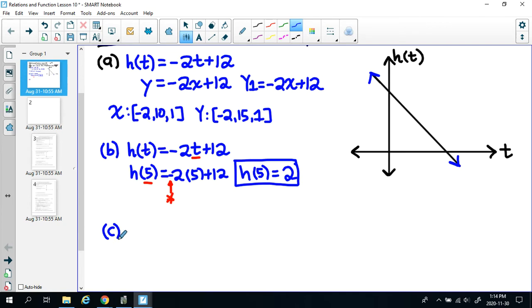Okay, part C says, oh, I just explained it. It says write in words the meaning of h of 5. Okay, so h of 5 is the height of the candle. And the height is your output here.